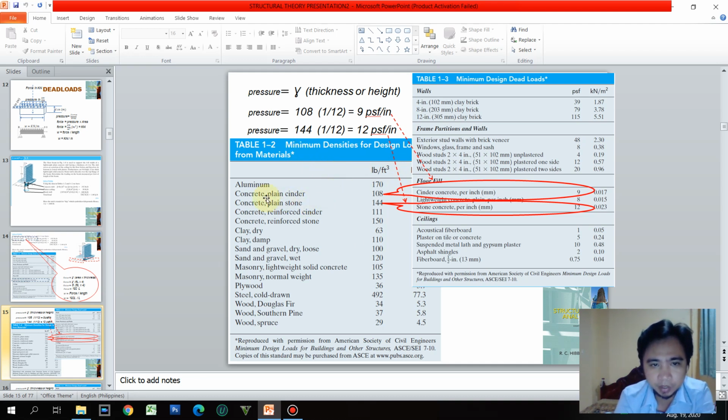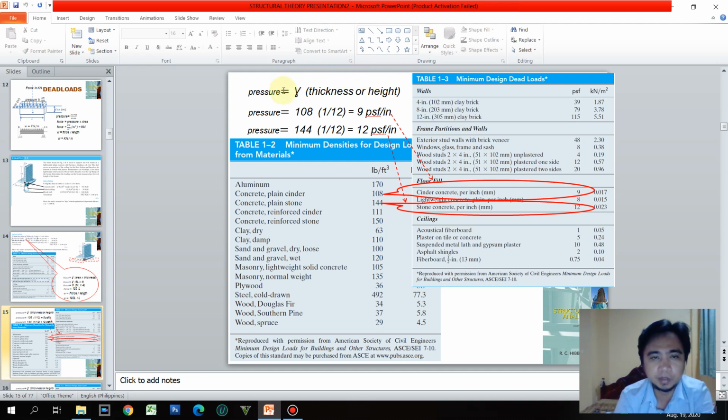So as we can see here, concrete plain cinder concrete per inch. So the original one is 108. Okay, 108. So the derived was 9 PSF.